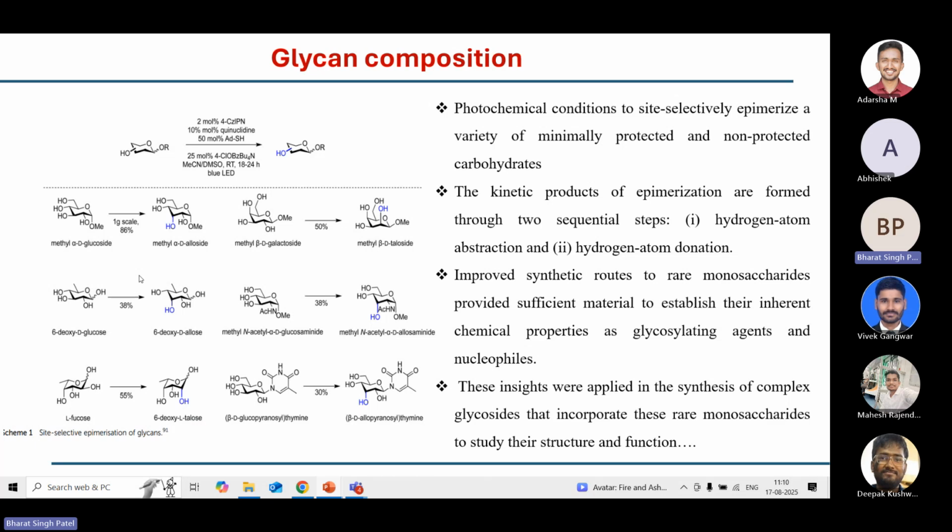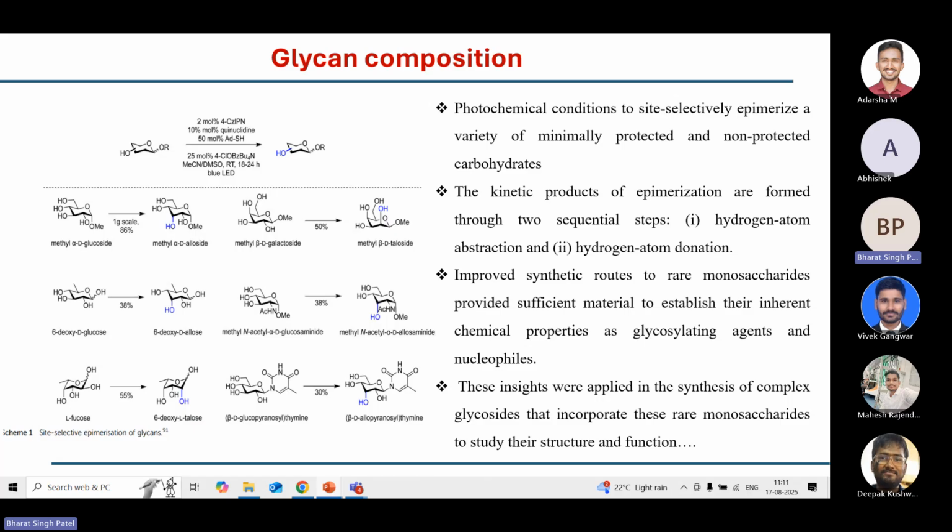That is the photochemical way, where people have used 4 mole percent of 4CzIPN, that is the 1,2,3,5-tetrakis(carbazol-9-yl)-4,6-dicyanobenzene, as well as quinidine, 10 mole percent, 50 mole percent of adamantanethiol, and the tetrabutylammonium salt of 4-chlorobenzoate in acetonitrile and DMSO.